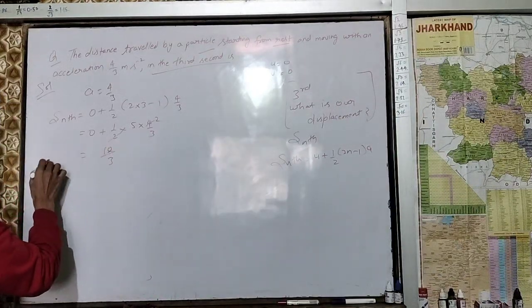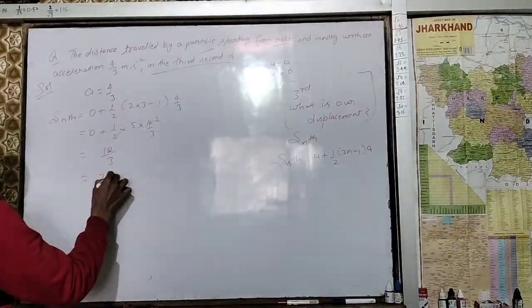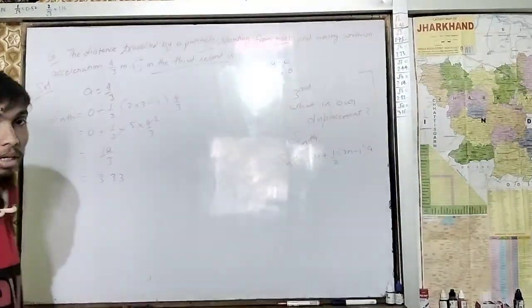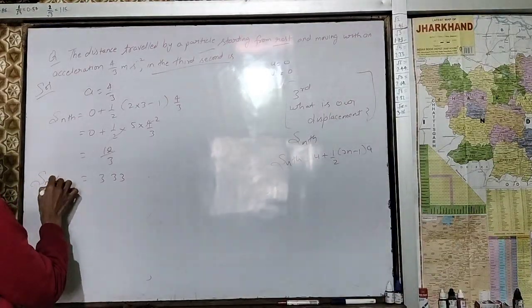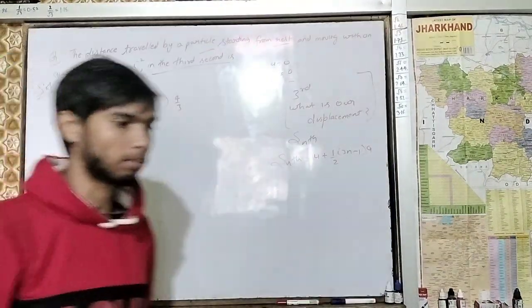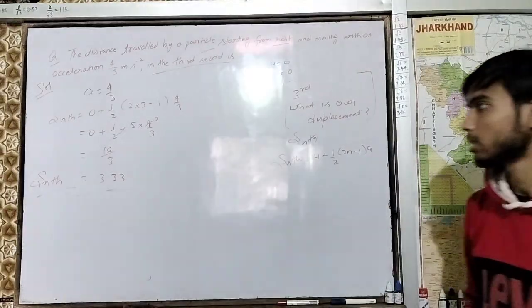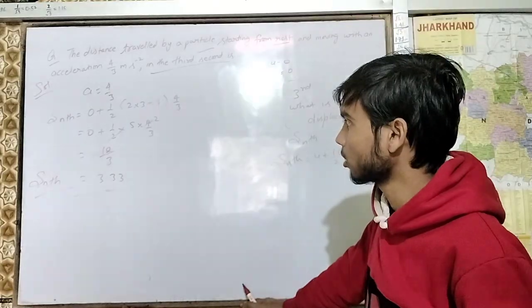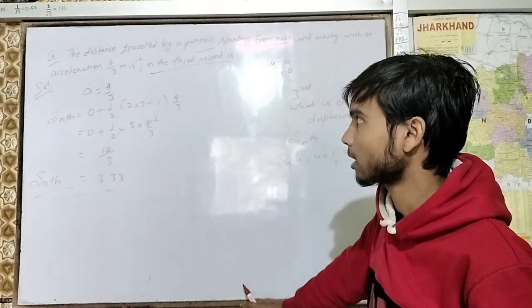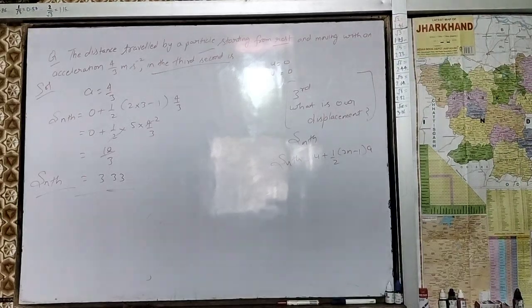This is your displacement. If you simplify it further, you will get 3.33, a non-terminating number. This will not be 4. 10 by 3 is our displacement in the third second.